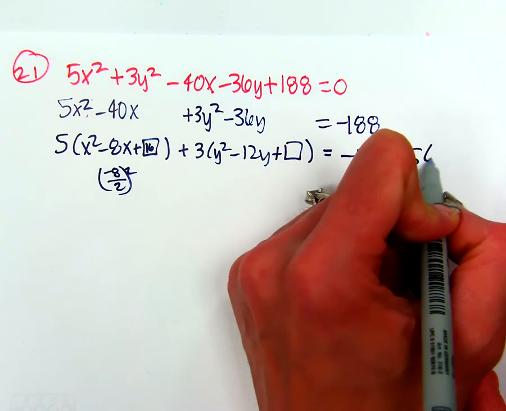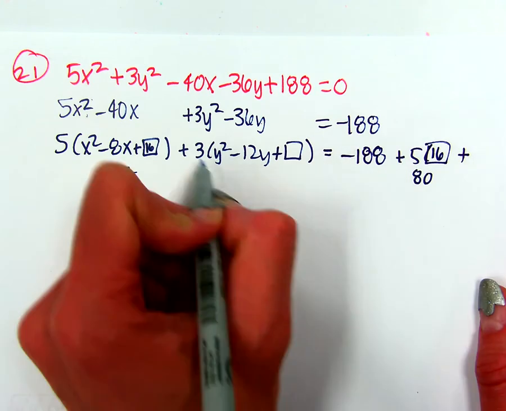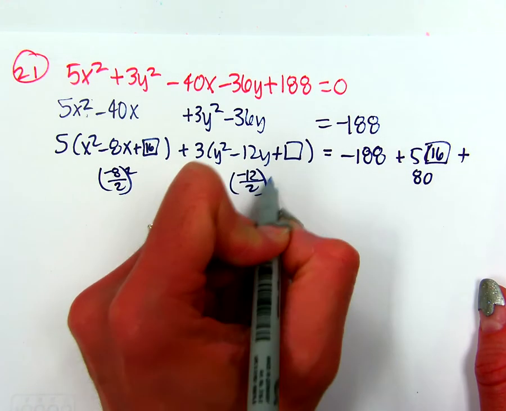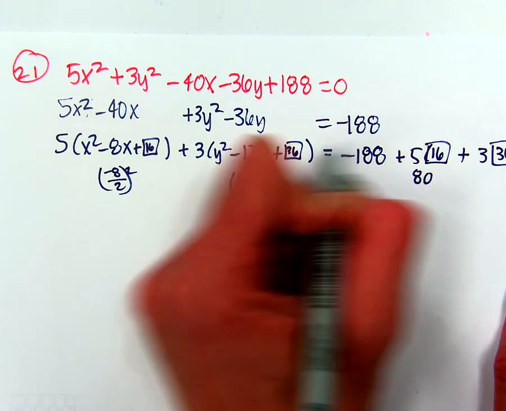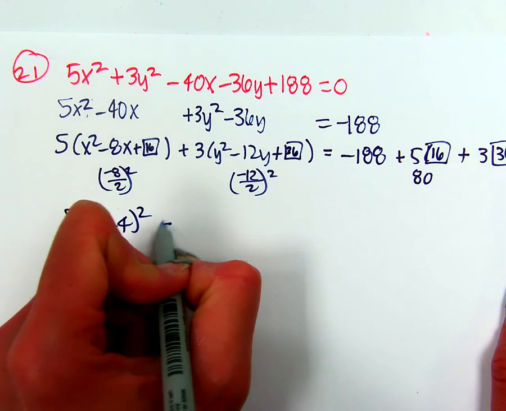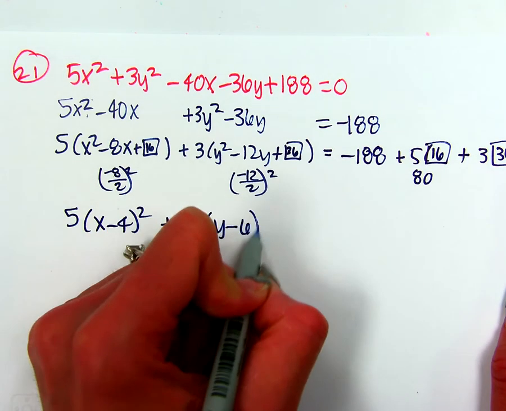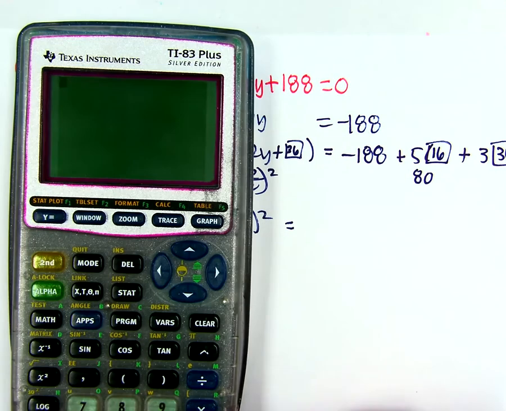So I need to balance my equation and add 5 times 16, or 80. Here I'm going to do negative 12 over 2 is 6 squared, that's 36. So I'm going to add 3 times 36. All right, so I'm going to have 5 times x minus 4 squared plus 3 times y minus 6 squared equals, and then I need to do negative 188 plus 80 plus 3 times 36.